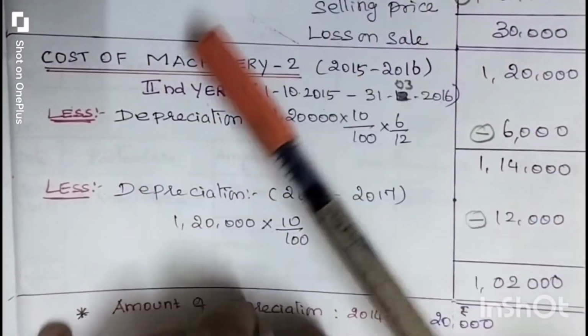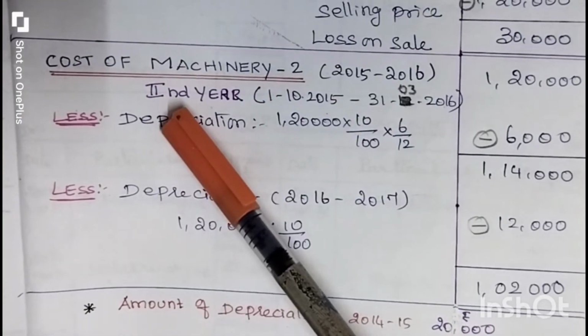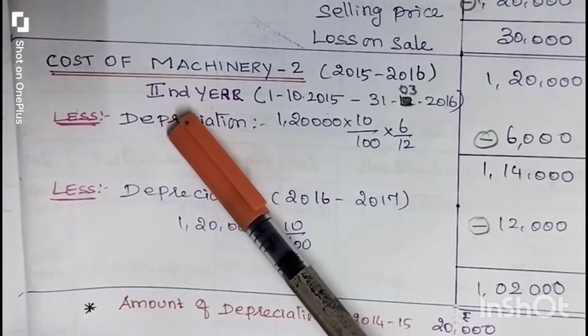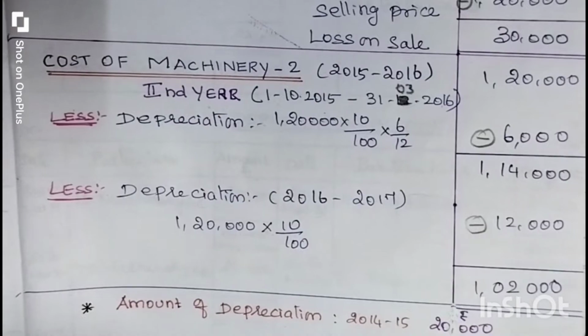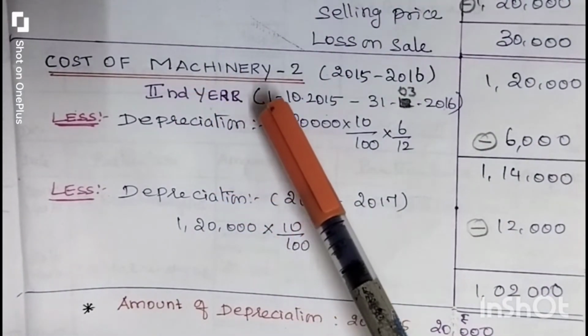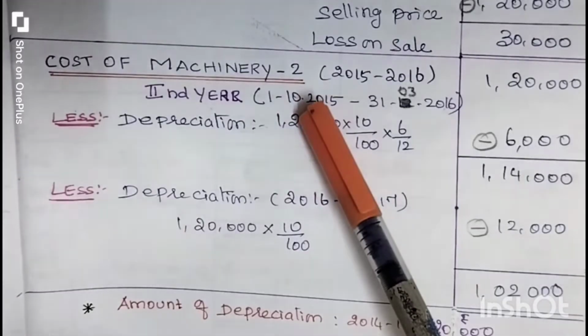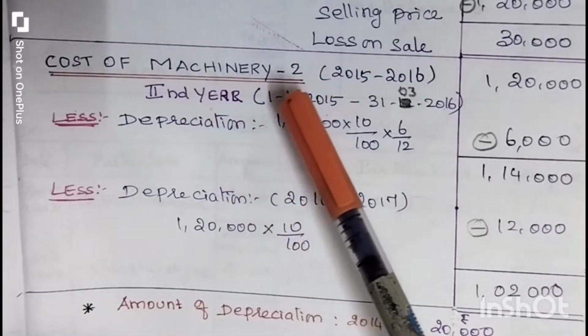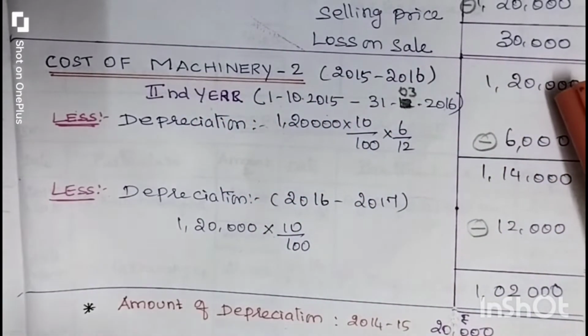Now we are going to find the depreciation value of machine 2, purchased on 1st October 2015. The cost of the machinery is 1,20,000 rupees.